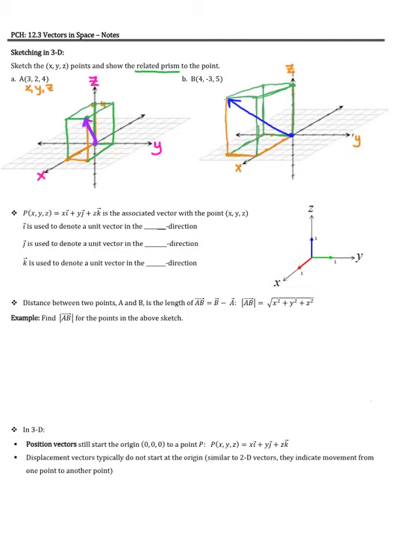So now your vectors in their component parts, last time we saw the x and the y as scalars of your unit vector i and j. Now we include a z scalar to go with a k, so it's ijk. i is used to denote a unit vector in the x direction. That's your horizontal movement. j represents in the y direction. k represents in the z direction.